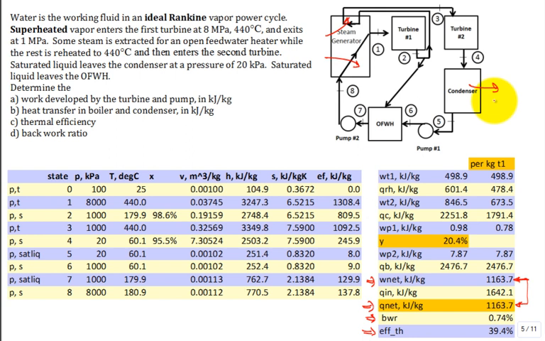So it's going to be the sum of those three. What about the work out? I'm going to get this work out, this work out, this work in, and that work in. And you think, so the sum of those reds and the sum of those blues are going to equal? They better. Otherwise, you've got a problem with your cycle. You have violated somewhere in the system the first law. So they need to sum up.